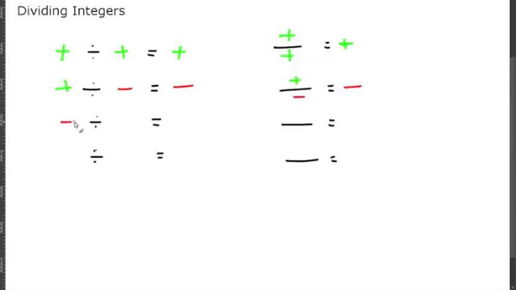Now let's say you have a negative divided by a positive. This will also give you a negative. So a negative over a positive will give you a negative. And a negative divided by a negative will give you a positive.